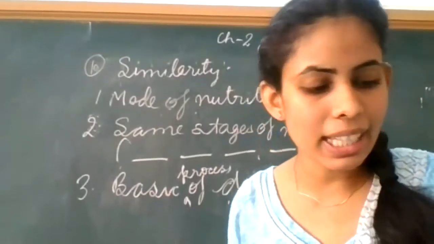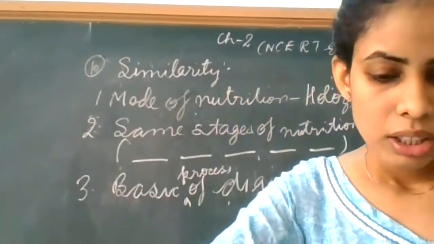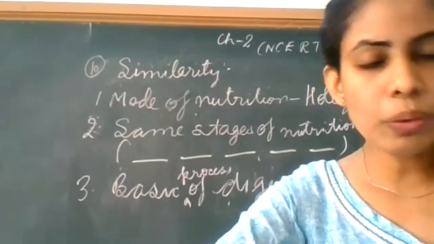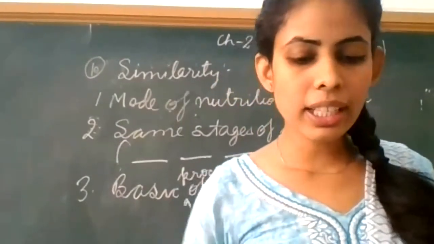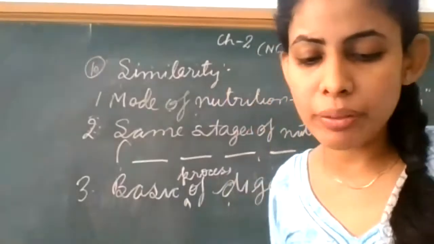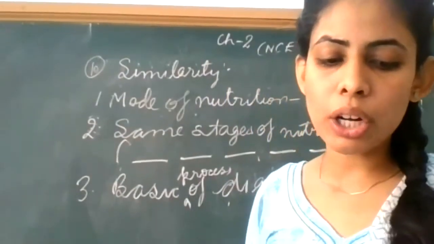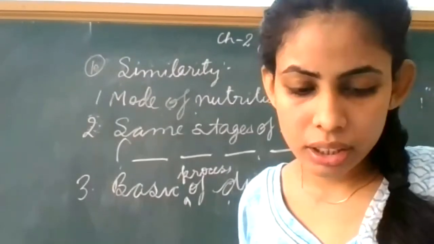So there are 4 to 5 differences that we have discussed. So you will write the 5 points here, and next coming to match the items of column 1 with the suitable items in column 2.